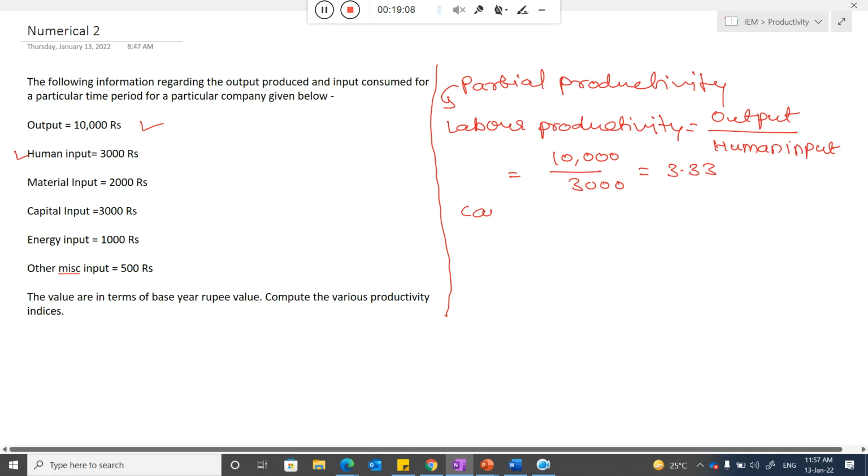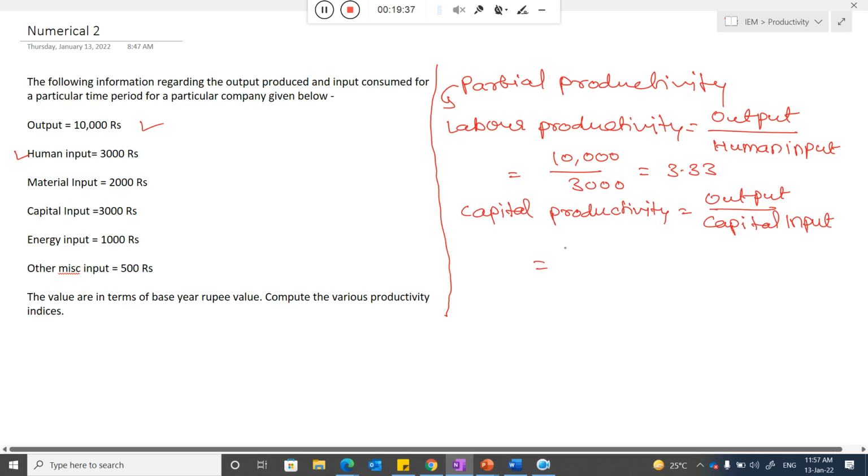So capital productivity. In capital productivity, what you need to consider is the ratio of output and the capital input. So what is the output here?